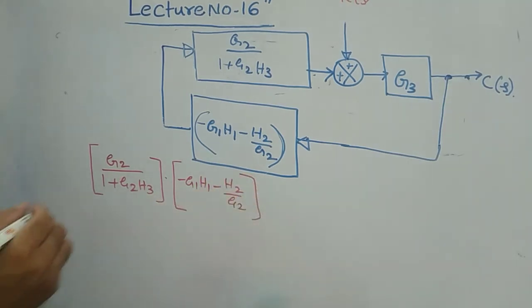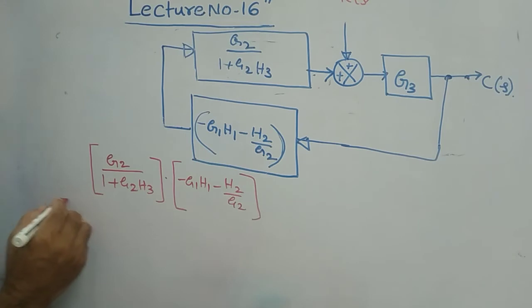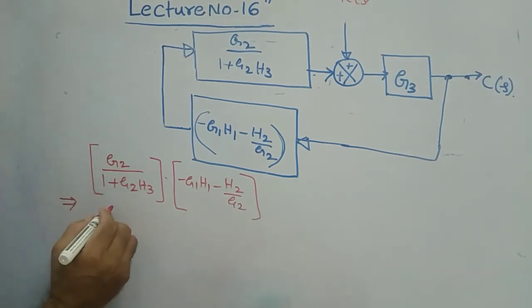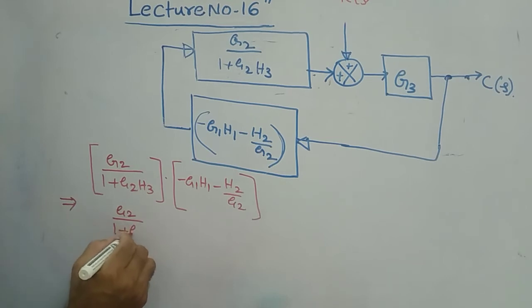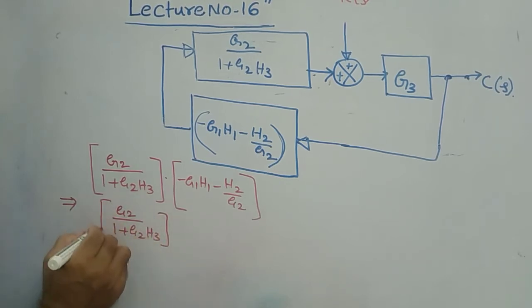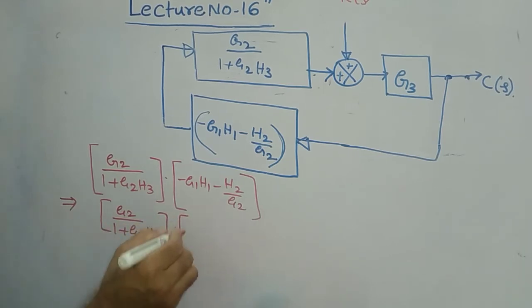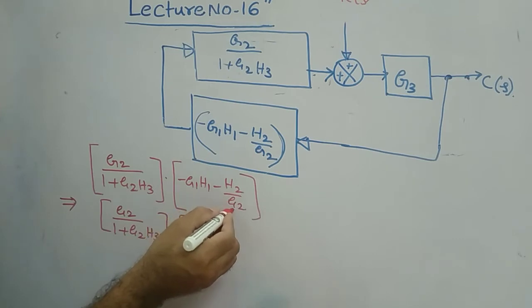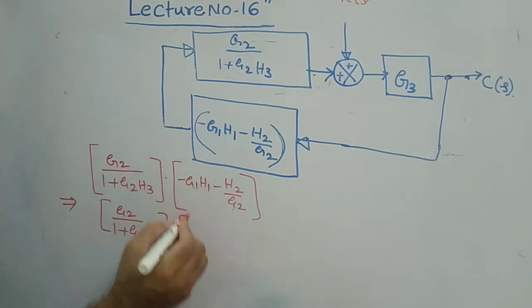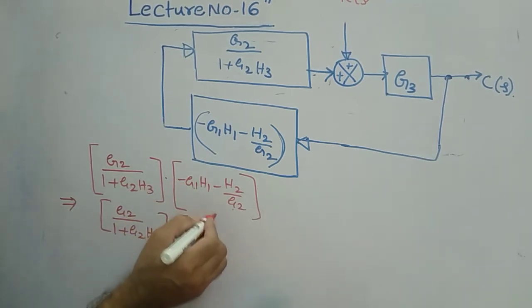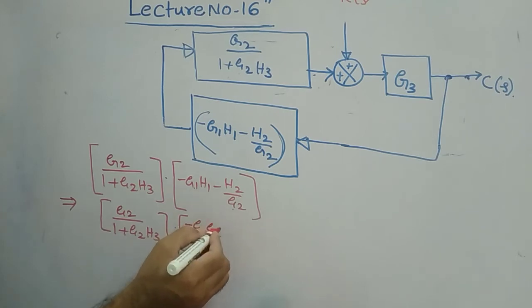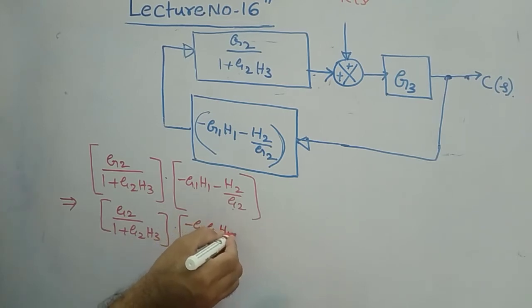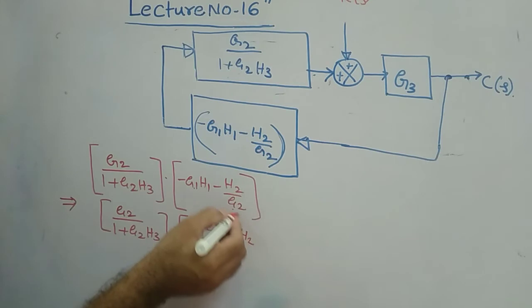If you further simplify this, what will this be? G2 by 1 plus G2 H3 will be as it is, and if you take the cross multiplication here, G2 is multiplied by this quantity, minus G1 G2 H1 minus H2 by G2.